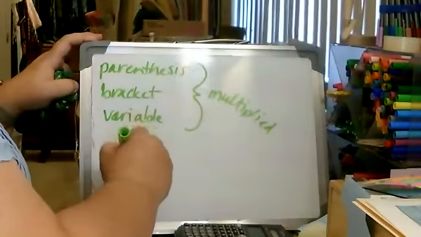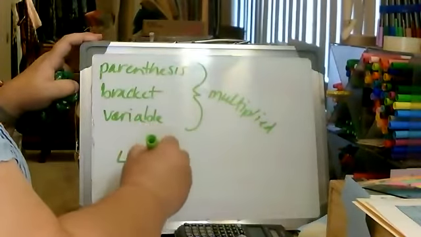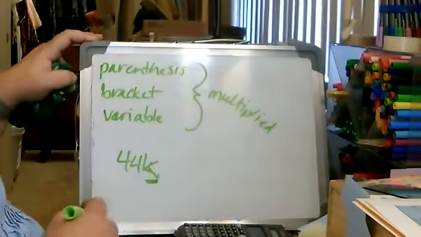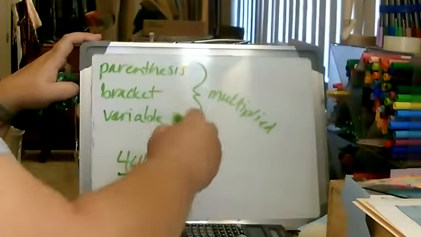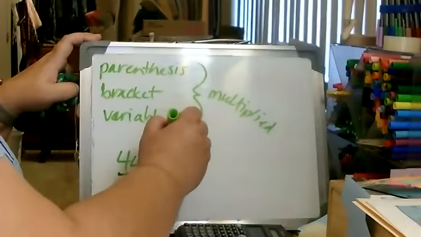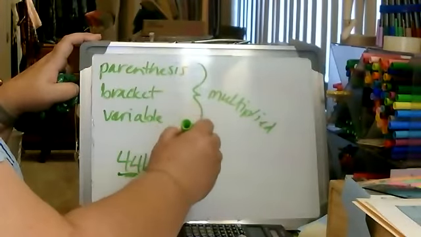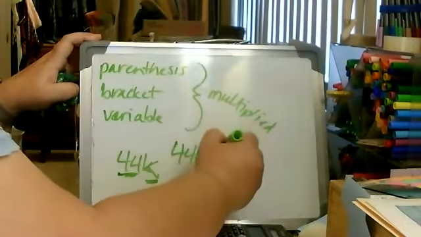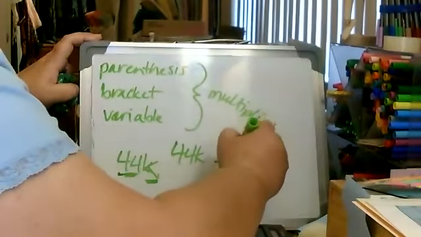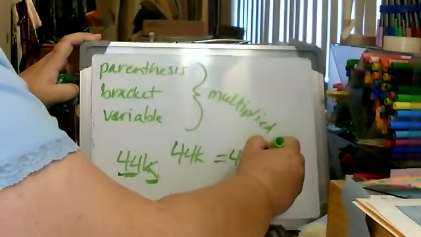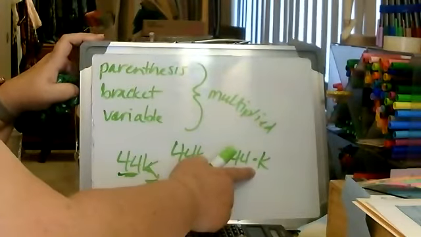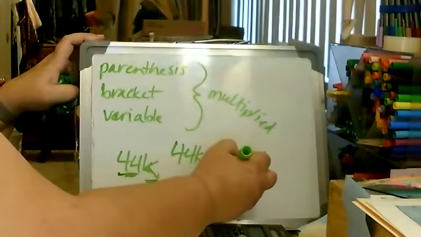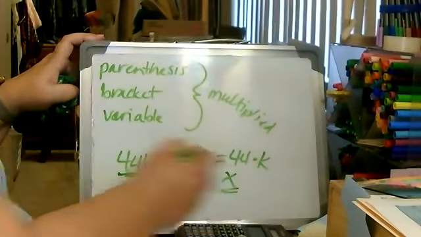So when you have 44K, whenever you find out what the value of K is, you know that you're going to multiply it by 44. You always know that 44K means 44 times K. And from now on, we're going to use that dot for multiplication because we don't want it to get confused with x, which is now a variable.